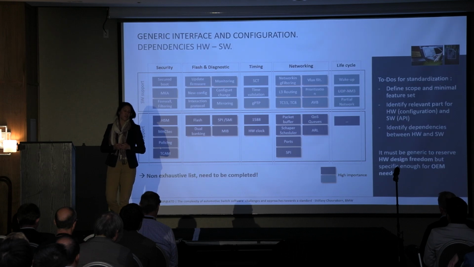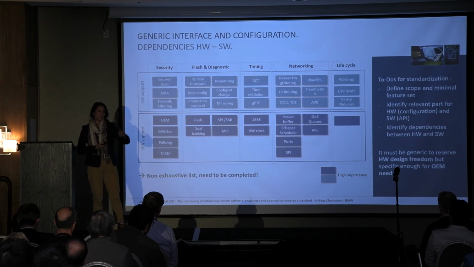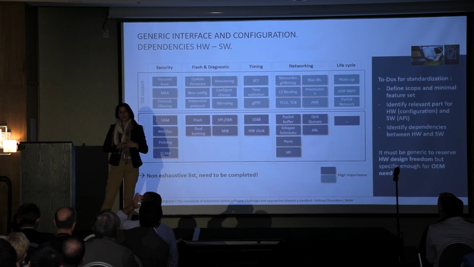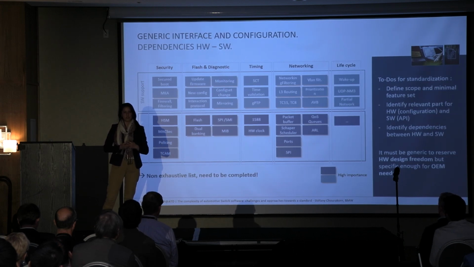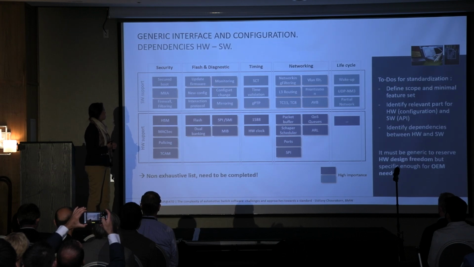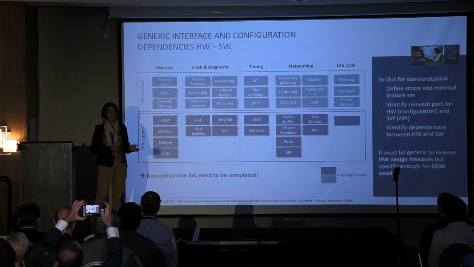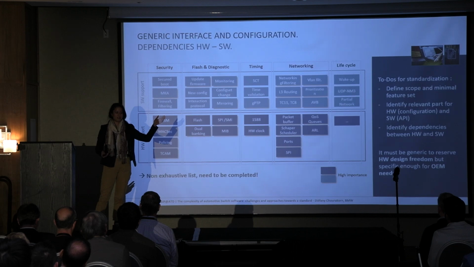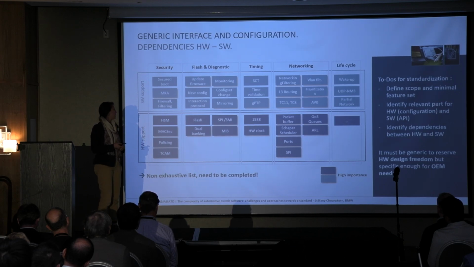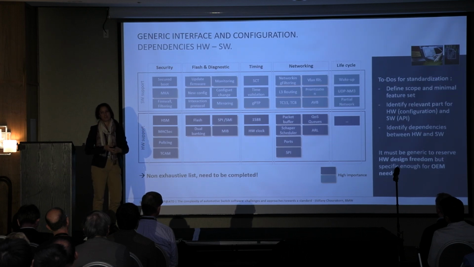And we try to also have a better understanding together of which elements from the software or from the hardware it has to rely on, so that we can create together a better model for the configuration. This map is meant to keep a kind of translation between the OEM system and what the semiconductor vendor understands for his own configuration. And it should also enable him to keep freedom for the hardware design.